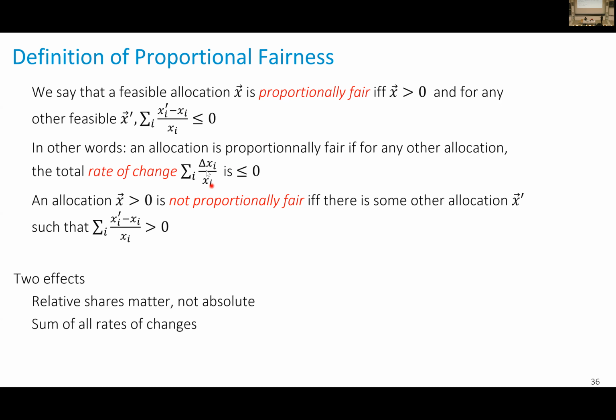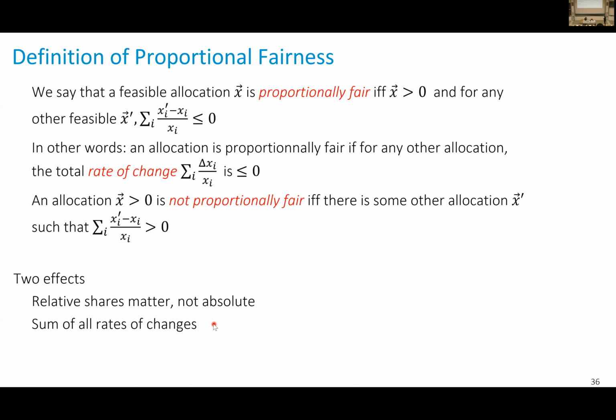So this is a bit more complicated to express, but it captures two things. The first thing is that what matters is the sum of all rates of change, which means that if somebody uses many resources, by decreasing a bit for this guy, we can give much more to the others. So we should do it. That is what is captured here.